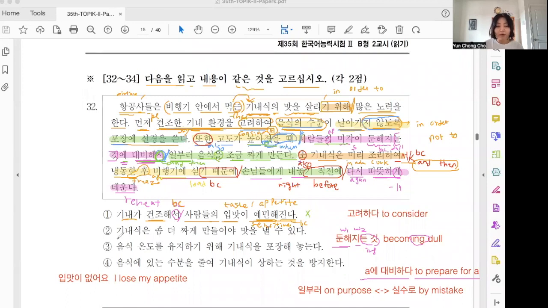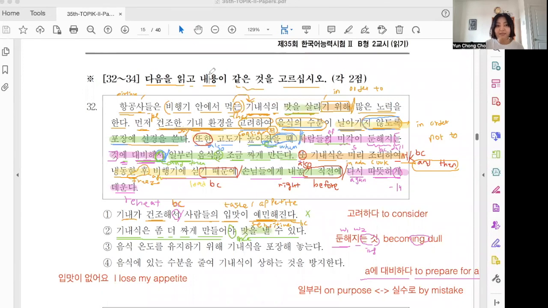So 오답, wrong answer. 기내식은 좀 더 짜게 만들어야, once the in-flight meal, make it a little bit more salty. 맛을 낼 수 있다. 자, 맛을 내다, make it delicious. Same as 맛을 살리다. Here, 맛을 낼 수 있다. 맛을 내다.